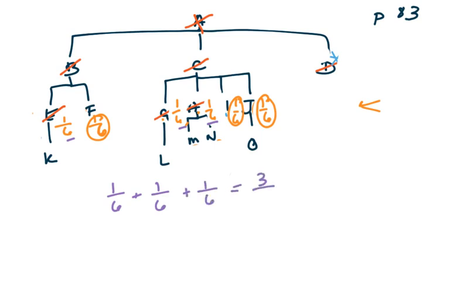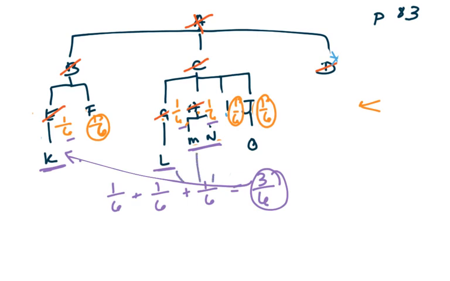We add them together, we get 3/6. This is what we drop down to this next level. Because K, L, M, and N are all at the same level, we have to split it by 4. So we have 3/6. We pooled, remember we pooled these together.